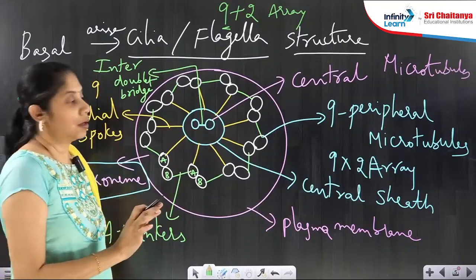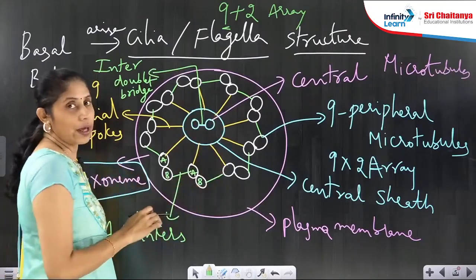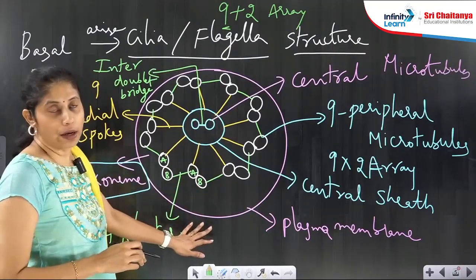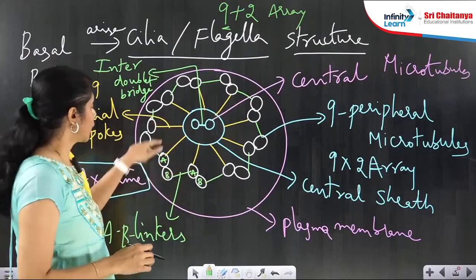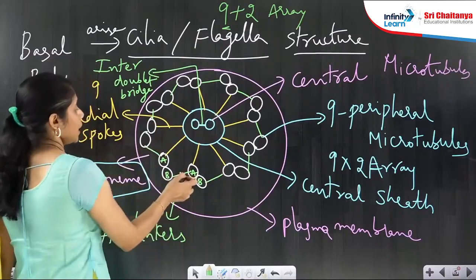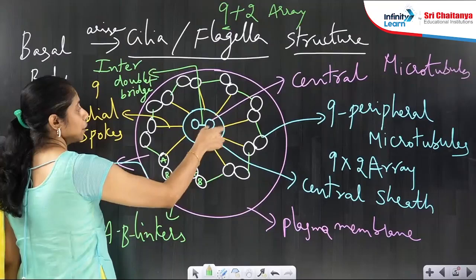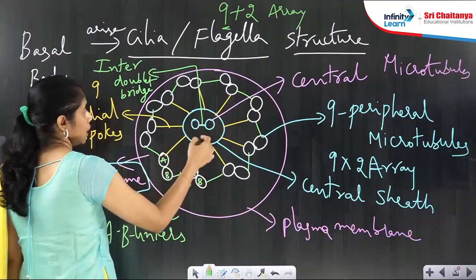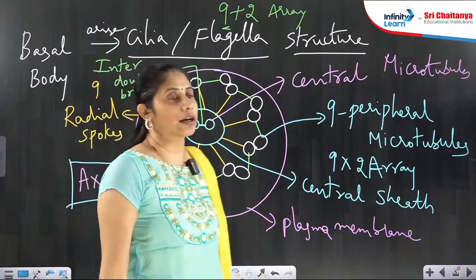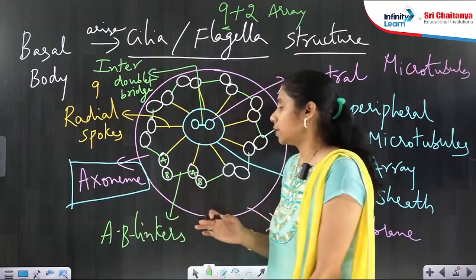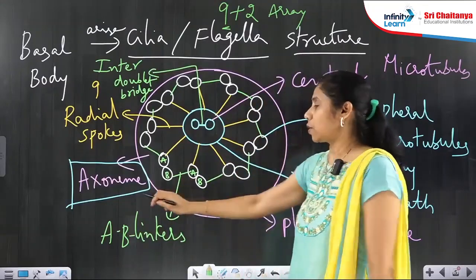Always they are covered by the plasma membrane. Peripheral microtubules are connected by linkers, and to the central sheath by radial spokes, and central microtubules too are connected by interdoublet bridges. And this total structure is called the axoneme.